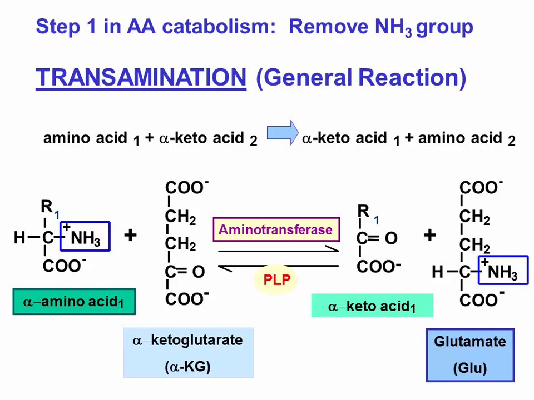So it's two amino acids, where you've got one in the form of an amino acid with the amino group on it, and then the alpha keto acid of some other amino acid, and the amino group switches places. The amino group of this amino acid gets transferred to this, and I've written the most common partner in transamination reactions. It's going to be alpha ketoglutarate, which is the alpha keto acid of glutamate.